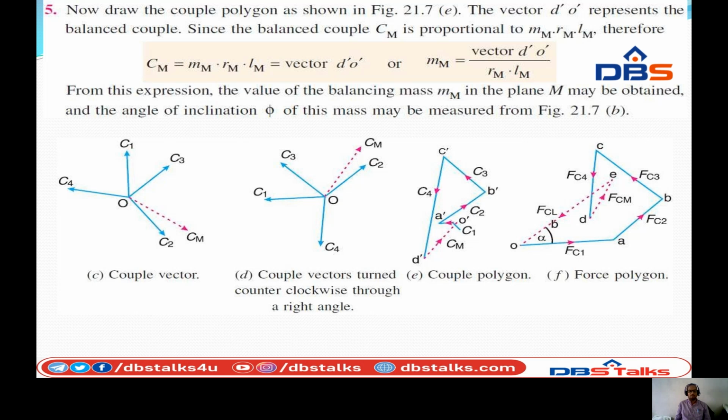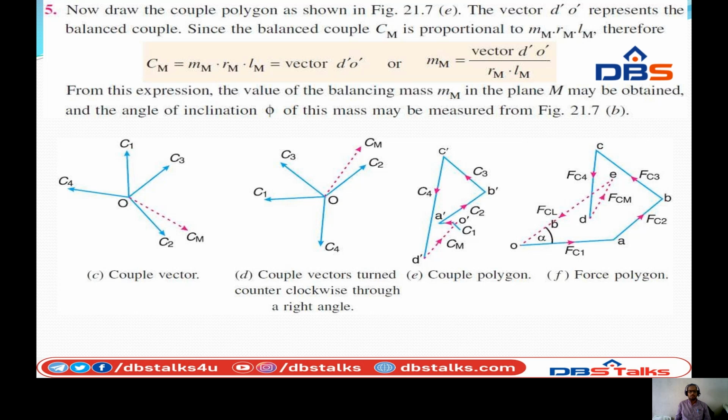So CM is equal to MM RM LM, that is, the vector O dash D dash, or MM is equal to the vector D dash O dash divided by RM LM. From these expressions, the value of the balancing mass in plane M may be obtained, and its angle, that is phi, may be drawn from figure B.